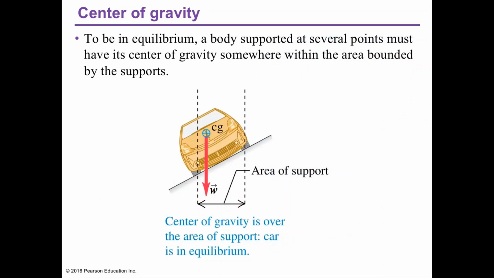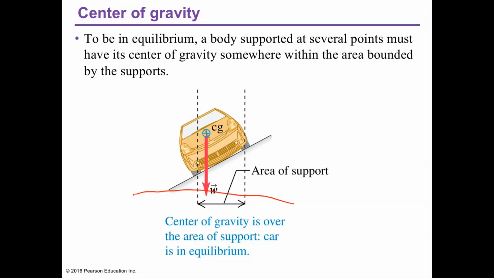We can actually see a body supported by several points must have its center of gravity somewhere within the area bounded by the supports. This explains why a car can drive on a straight but slanted road.